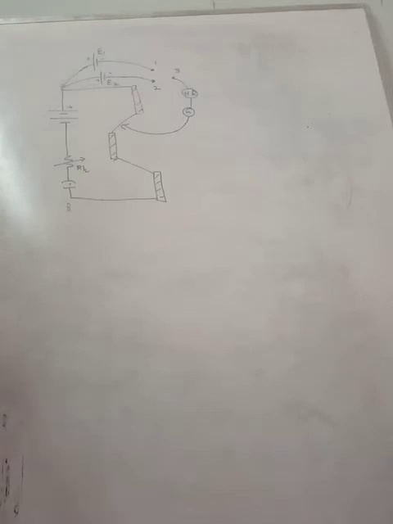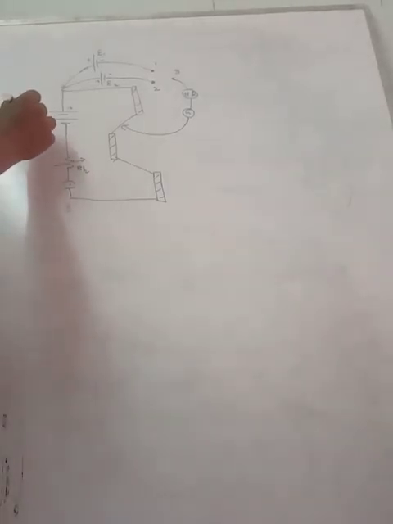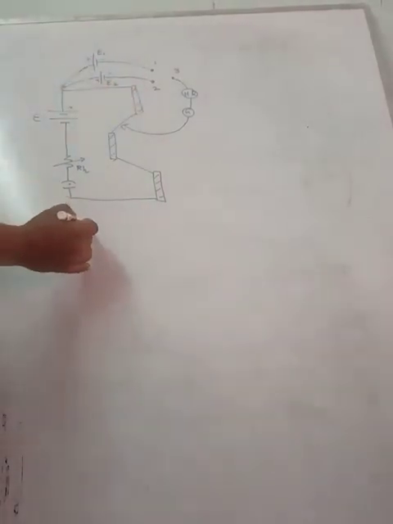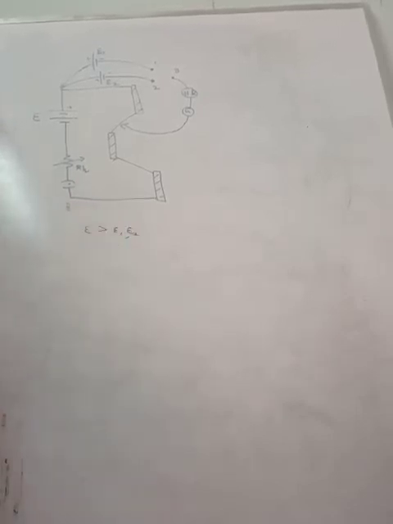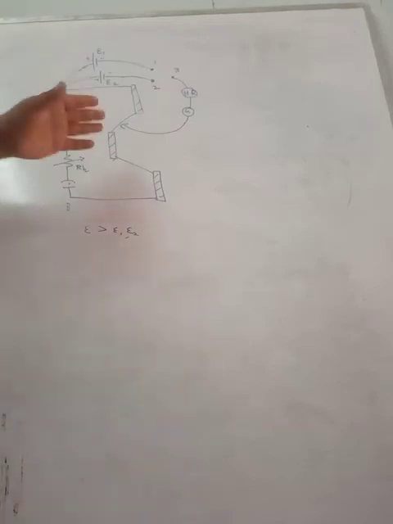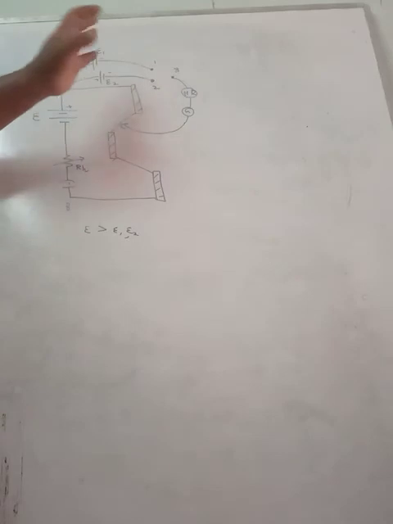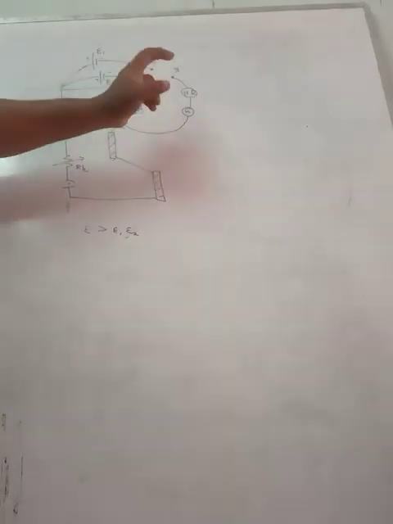Second one, here we are using a primary battery with EMF E, and two secondary cells with EMF E1 and E2. E must be greater than E1 and E2. Then only you will get double side deflection. Suppose either E1 or E2 is greater than E, you cannot get a correct reading.